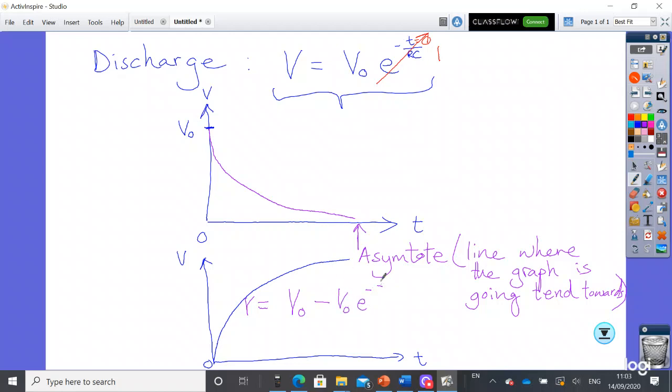Because if you think about it, if t is 0, this is just V0, right? To make that 0, if I do V0 minus that, it will give me 0. That's just how I thought of it, to get that 0 position. And then I realized it worked all throughout. If I put this into Desmos.com, it will work. It will be a complete opposite, which is what I'm going to demonstrate now.